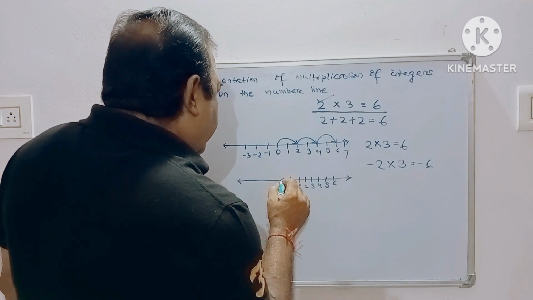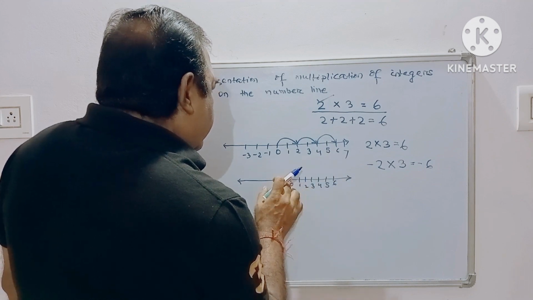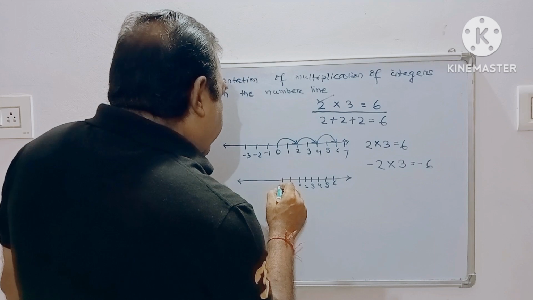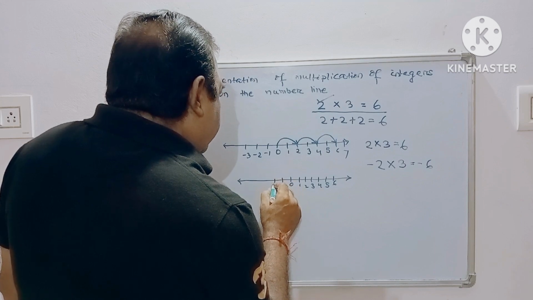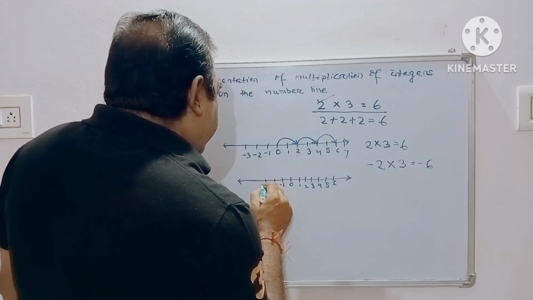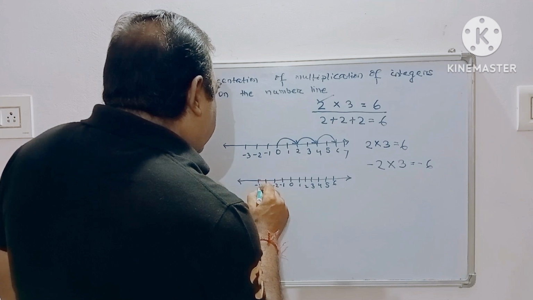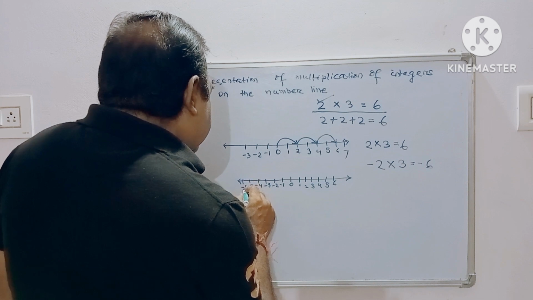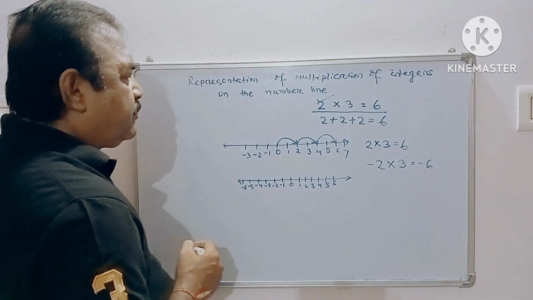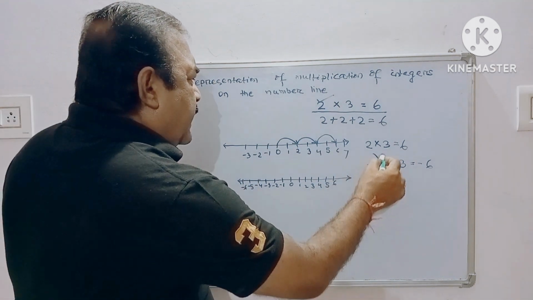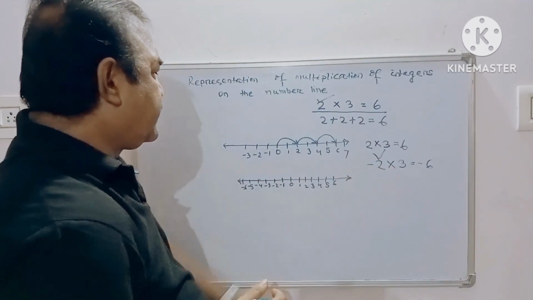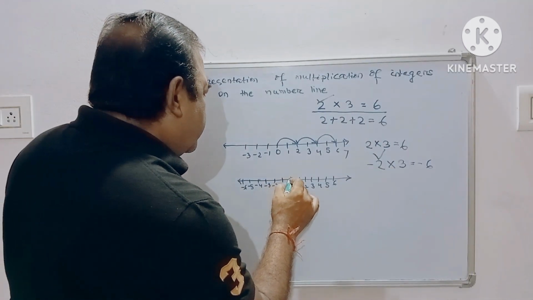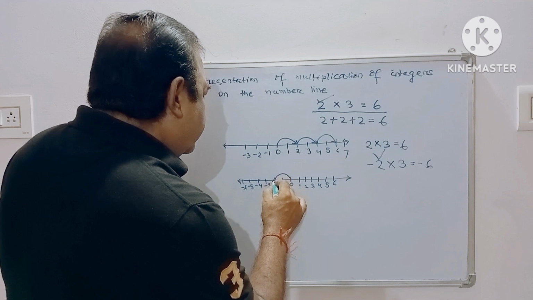So towards the left of 0, you mark like this: minus 1, minus 2, minus 3, minus 4, minus 5, minus 6, like this. So minus 2 is repeated 3 times. So what is minus 2? This length.